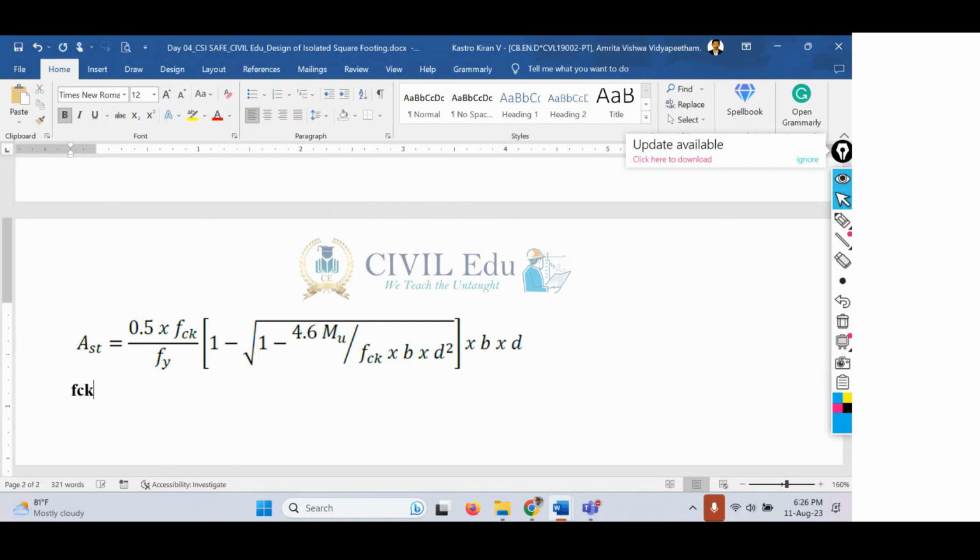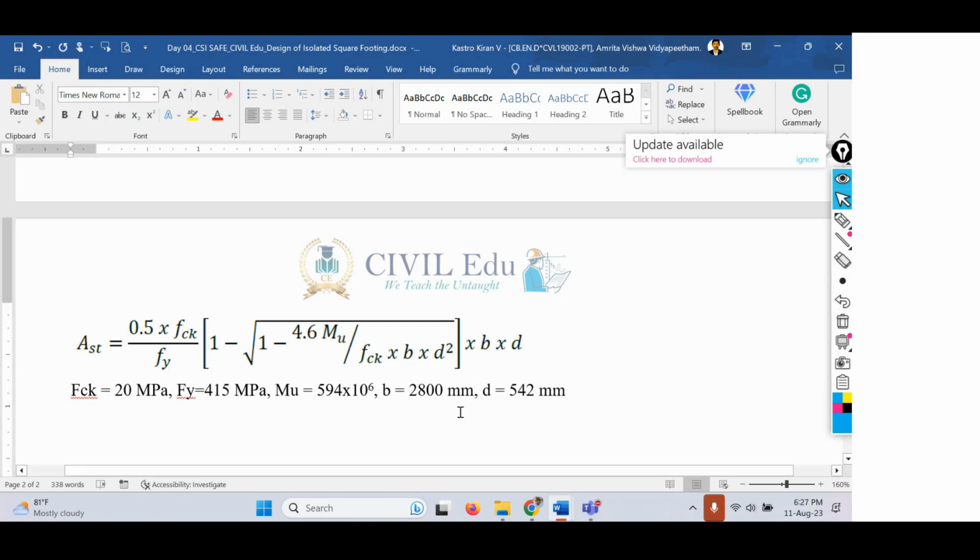So let me just write the values here for your calculations. fck equals 20 MPa, and fy, that is the grade of steel, equals 415 MPa, and the value of Mu equals 594 into 10 power 6, and then the value of B, that is the width of the footing, is 2800 mm or 2.8 meters, and the depth of the footing, which we have just got, is 542 mm.